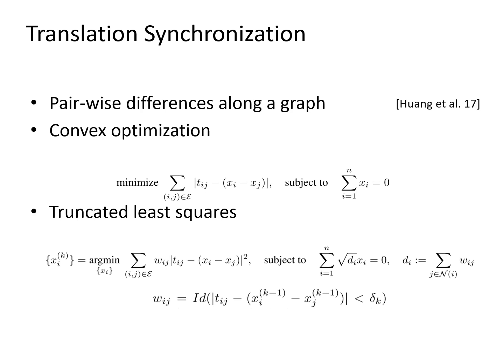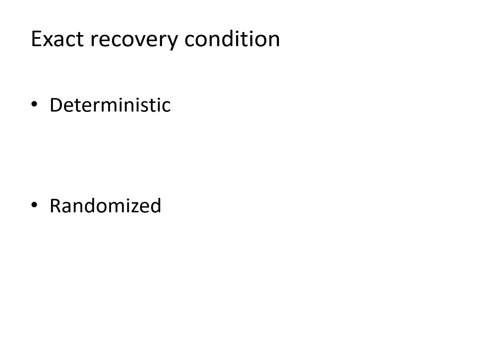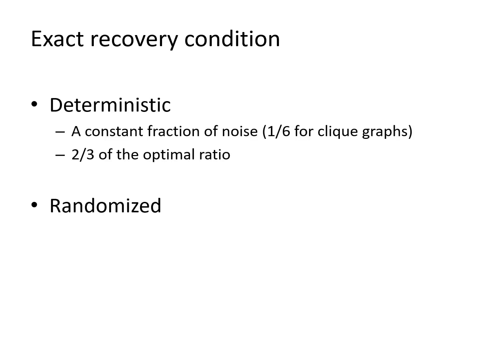For example, xi^(k-1) is the solution at the previous iteration, and if the difference between Tij and the difference between xi^(k-1) and xj^(k-1) is bigger than some threshold, that is also geometrically decaying, then we can just simply say, hey, this observation is noise, and we can set its weight to 0. Okay, and this is a very simple algorithm, and in fact we can analyze the exact recovery conditions, right?